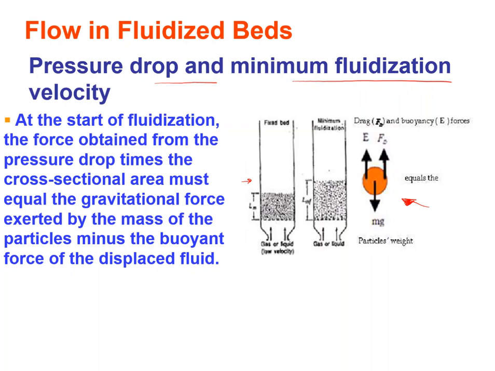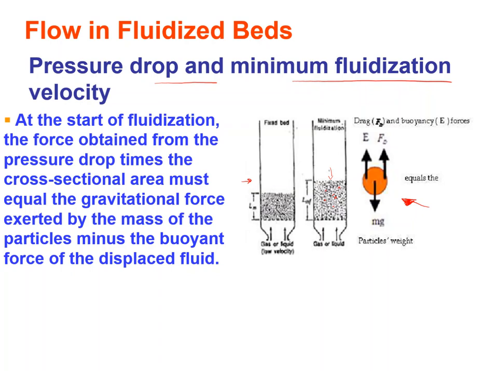So whenever I have the fluidization condition, those particles will be hanging. They will be in free fall. They are not going to be attached to each other. So they will be like flying. So the forces are equivalent on each particle. So I can go and look at the force balance.